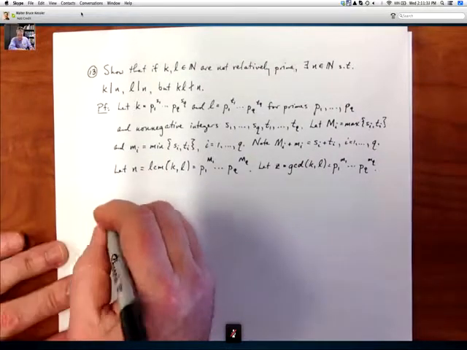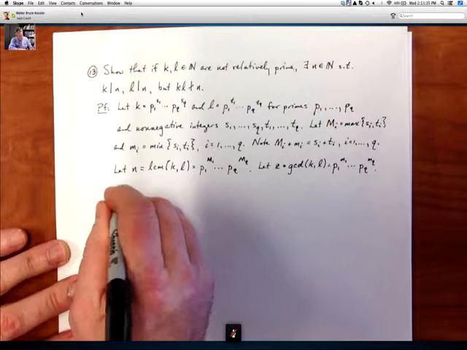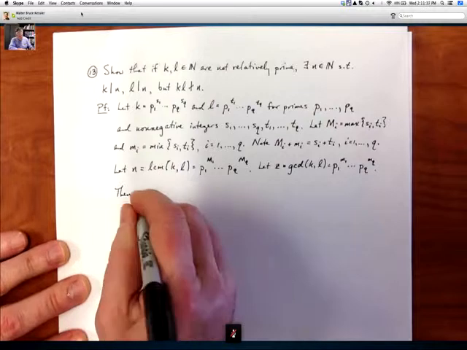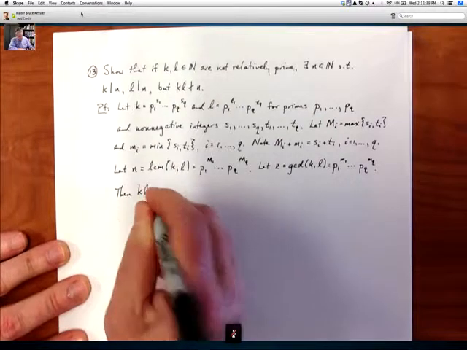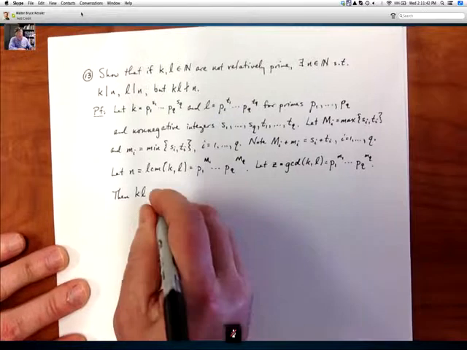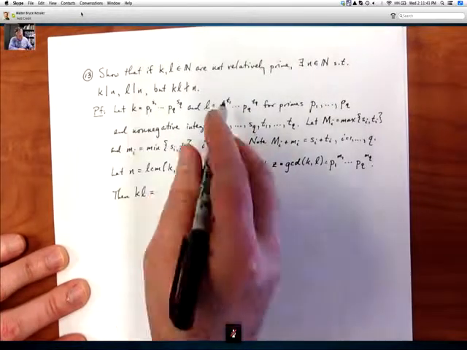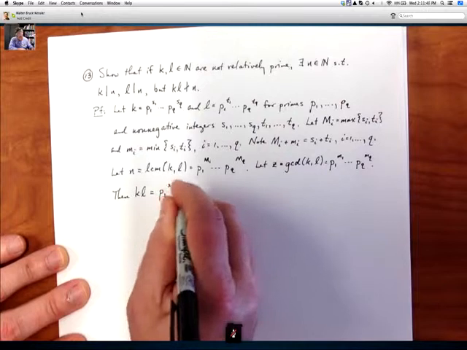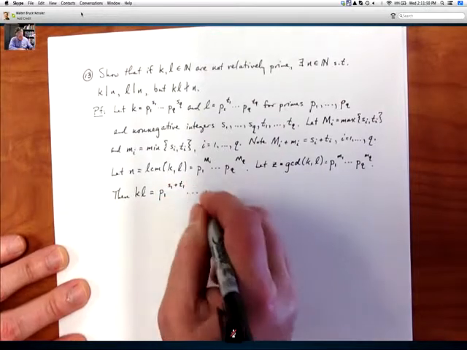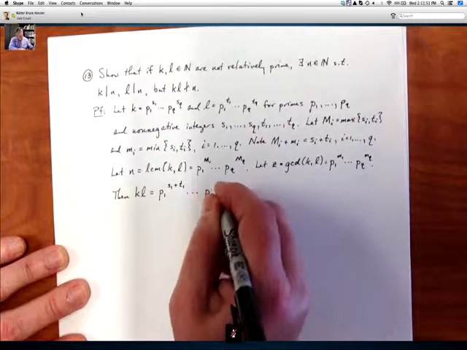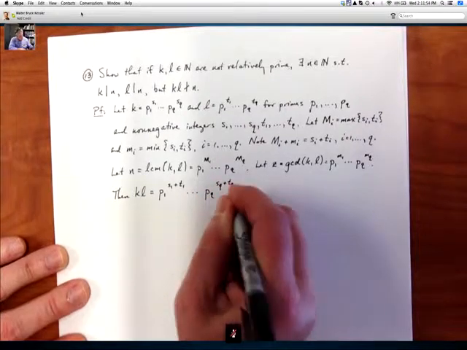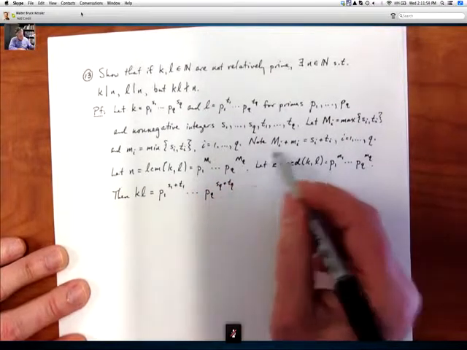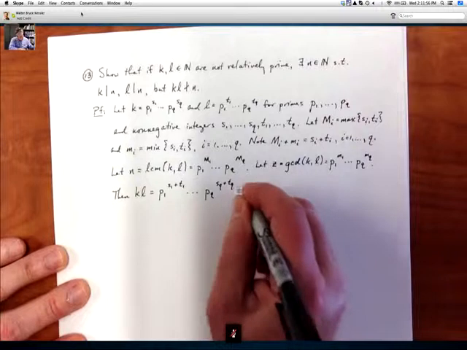Note then that k times l, when you multiply, you add their exponents. So this is p sub 1, and you've got s sub 1 plus t sub 1, dot dot dot, out here to p sub q, s sub q plus t sub q. But now remember, this is the same as the sum of those.